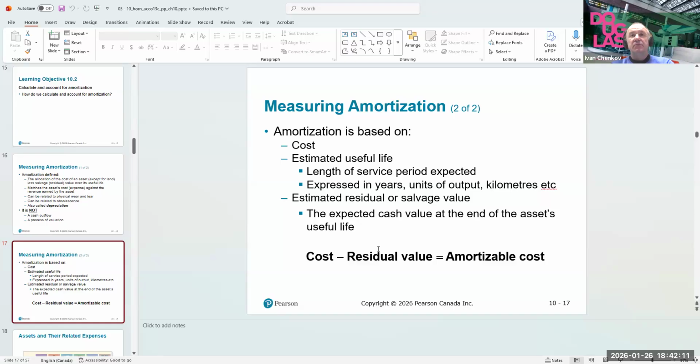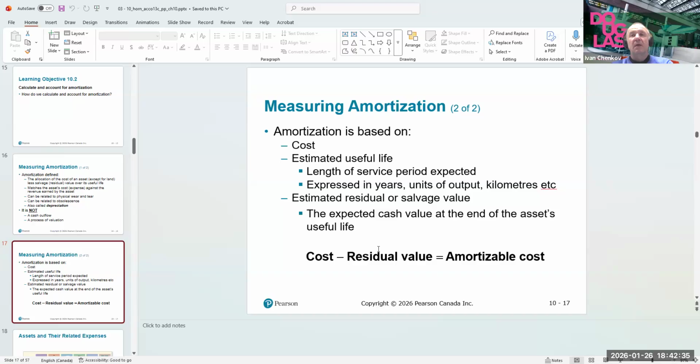Then we're going to estimate the useful life, how long we're going to use the asset. And then we're going to estimate the residual, also called salvage value. You can see both terms, residual and salvage value, used in the textbook. And that will be the expected cash value that we can get at the end of the useful life of the asset.